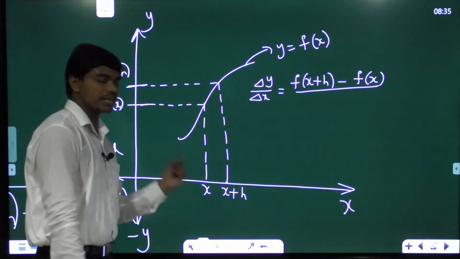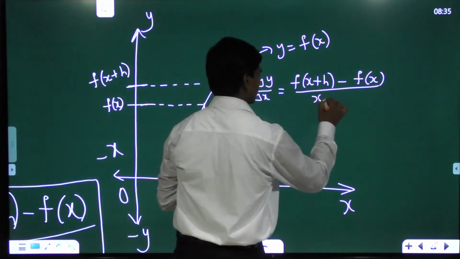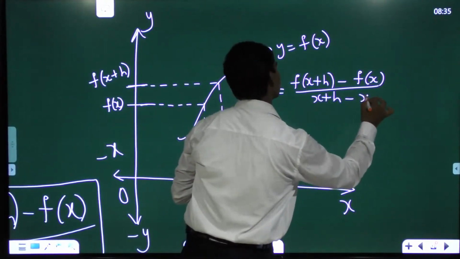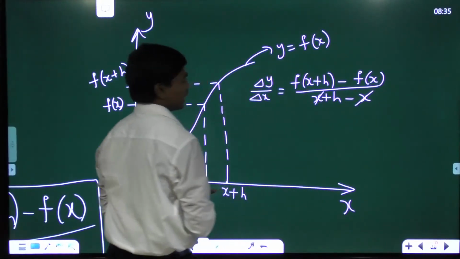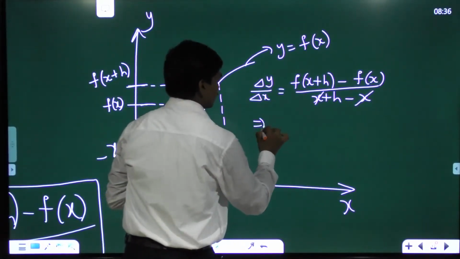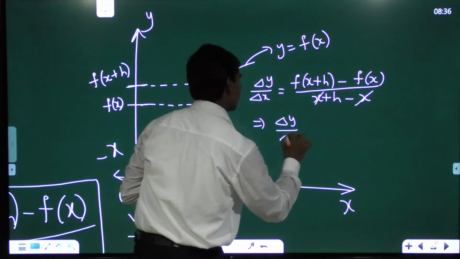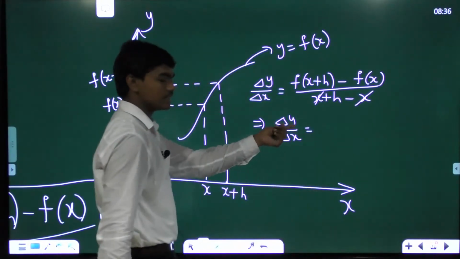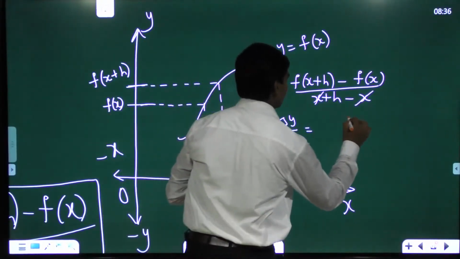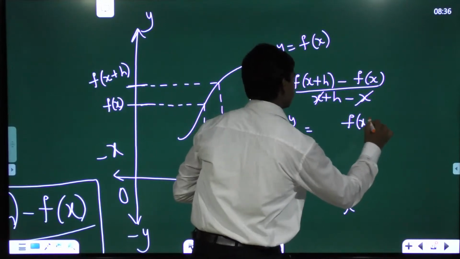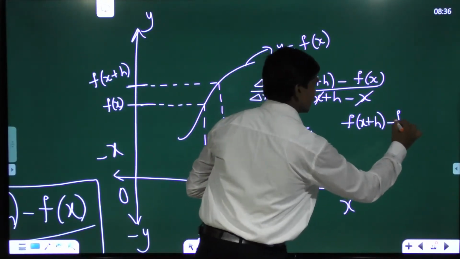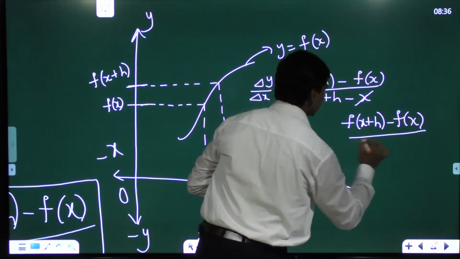X plus h minus x. So x gets cancelled, which means delta y divided by delta x, means change in y for a given change in x, is given by f of x plus h minus f of x divided by h.